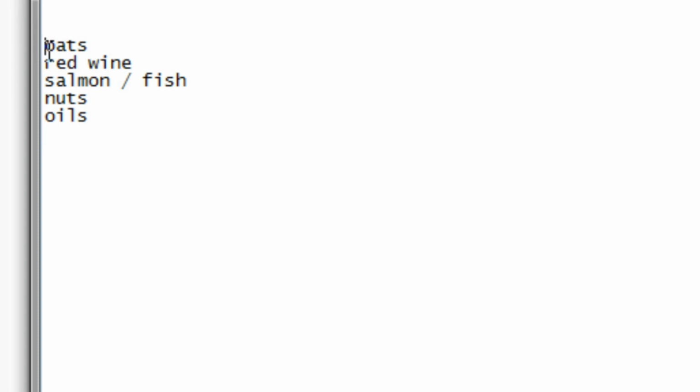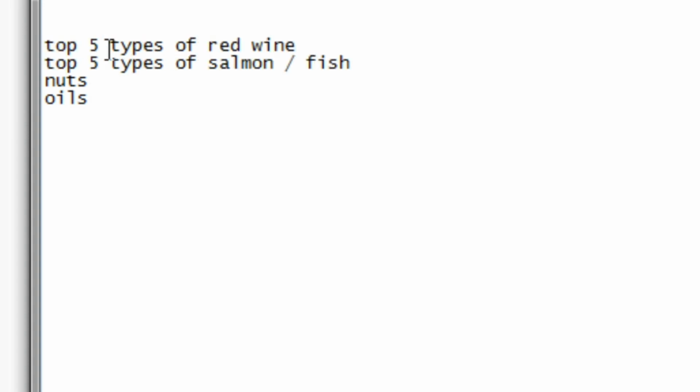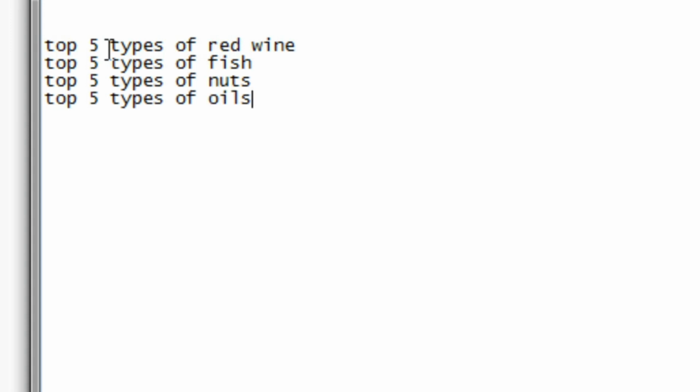So obviously oats are oats. Red wine, there might be different types of red wine. So maybe we could do top 5 types of red wine, or top types of fish, top 5 types of nuts, and top 5 types of oil that lower your cholesterol.